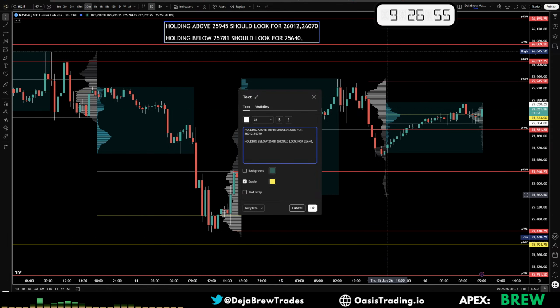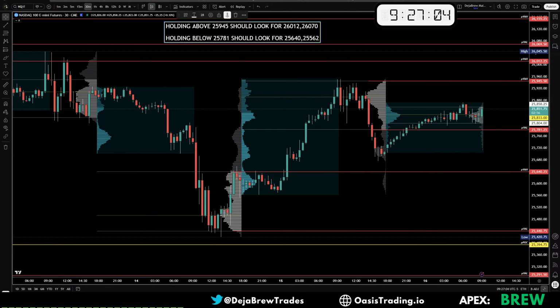Let's take the low right here, around 562. So same idea with the trade plan. I just have to change the numbers because we're back into value, and yesterday we were below value.